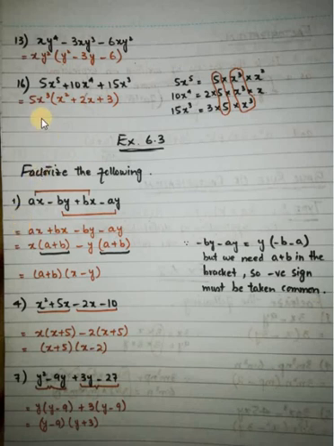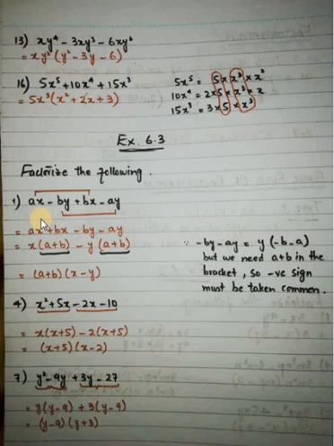Unlike questions in exercise 6.2, you can see each question of exercise 6.3 actually has 4 terms: ax minus by plus bx minus ay. In these questions having 4 terms, you have to remember that you will pair the terms. Pair the terms means combine 2 terms.